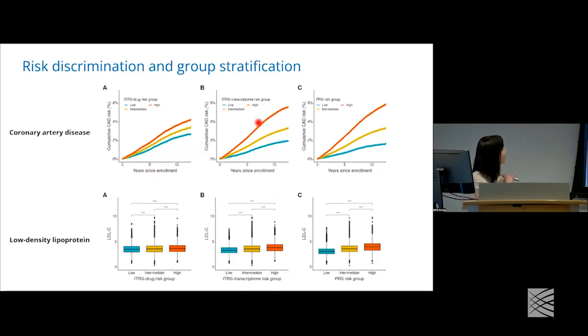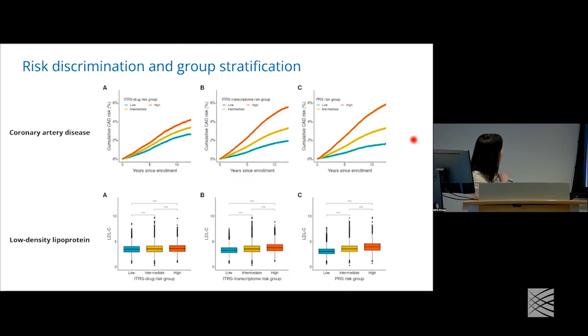And the red line represents the high risk group, which consists of individuals at the highest 10% of risk distribution. And in the middle are the remaining samples, which is 80% in the middle. So as you can see, we observe a clear separation between different risk groups for the cumulative disease risk.